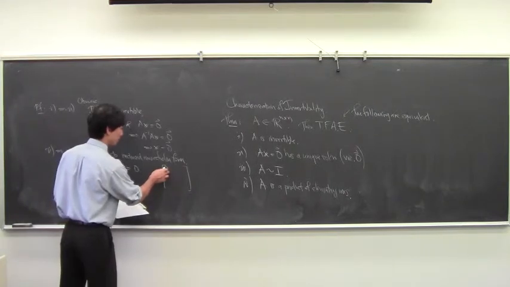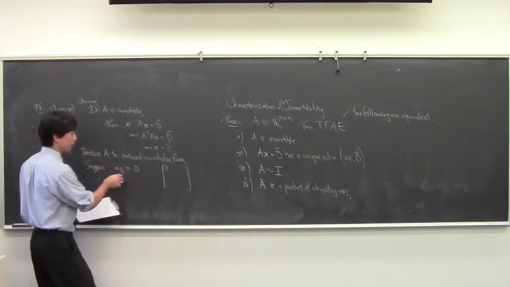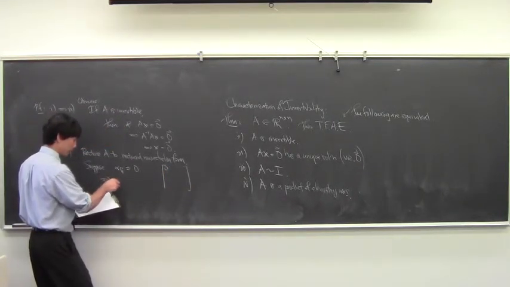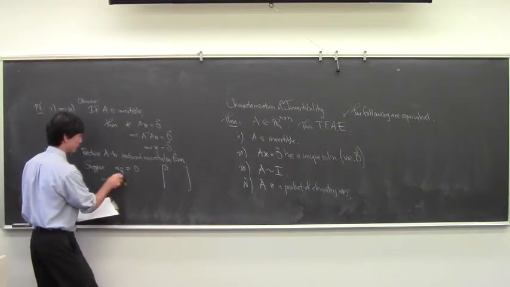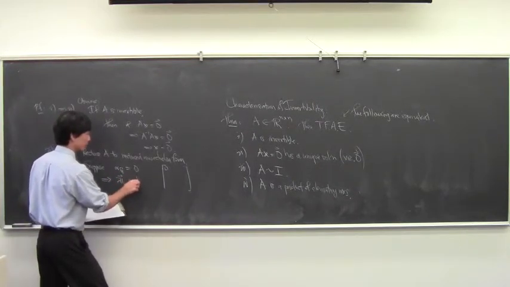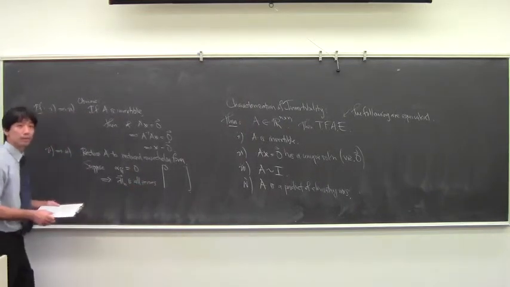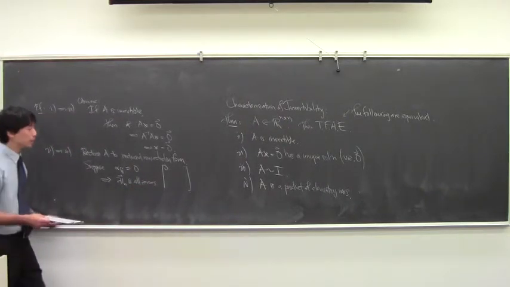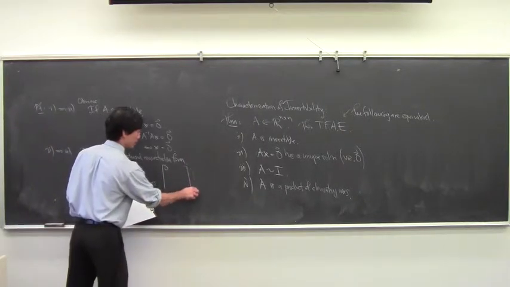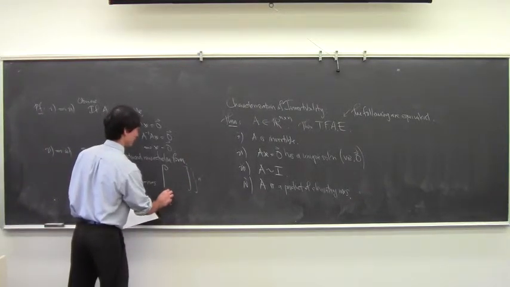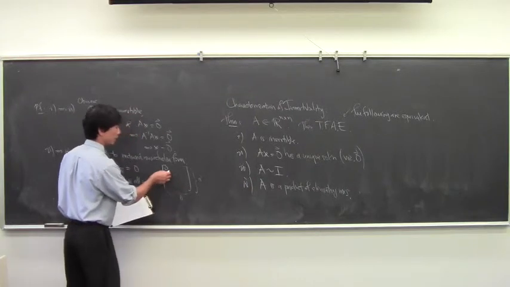Well, that would mean that the last row is all zeros, right? Because it's a square matrix. Say it's n by n.